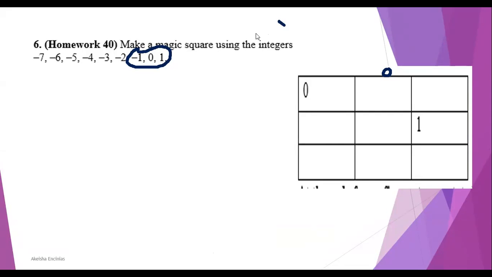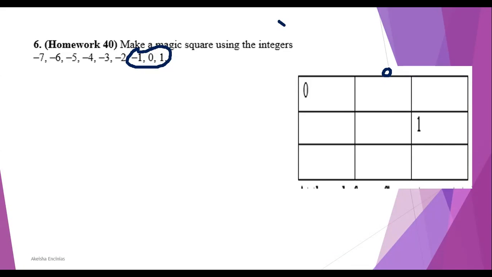And we can see -7 plus -6 plus -4, -5, sorry, -3, -2.